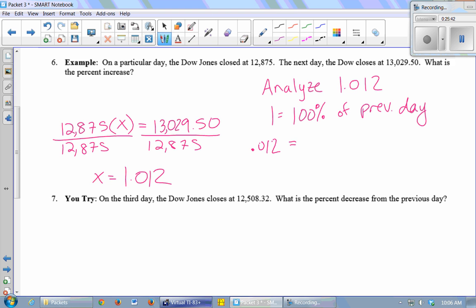And as a percentage, what is that? 1.2%. If I wanted to write that as a fraction over 100, I would have to move the decimal 2 to the right. So this is a 1.2% increase. I kept 100%, that's the 1, and then that represents a 1.2% increase in the Dow. So we increased by 1.2%.